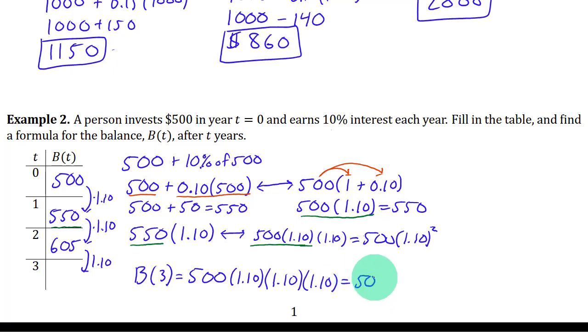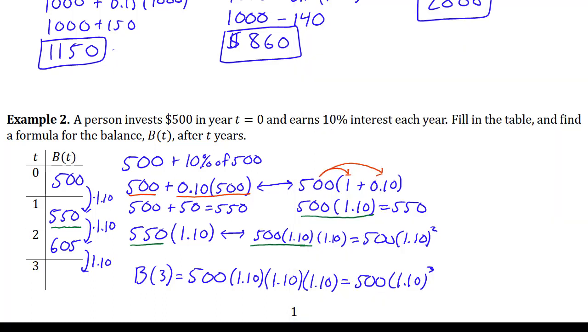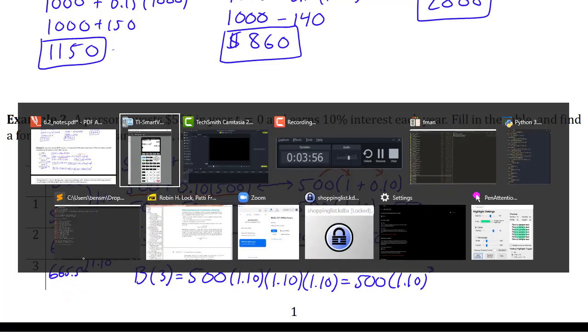And that's the same thing as 500 times 1.10 to the power 3, which is 665.5. So you could also get that.